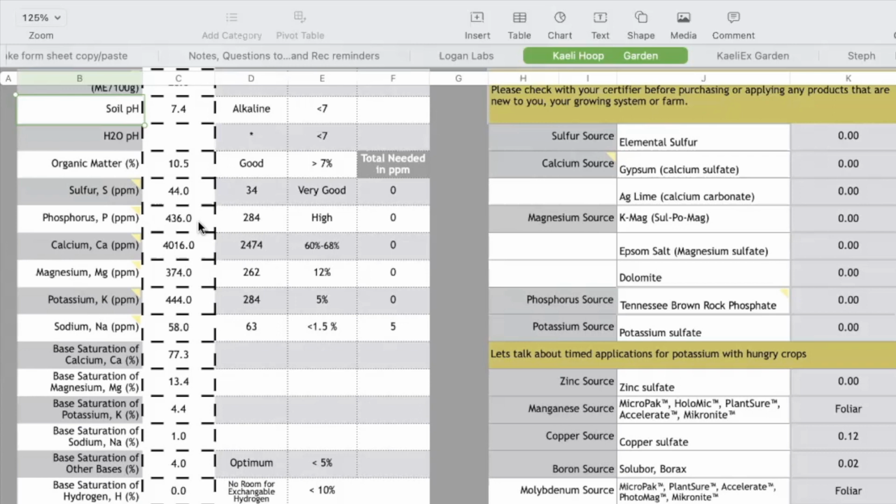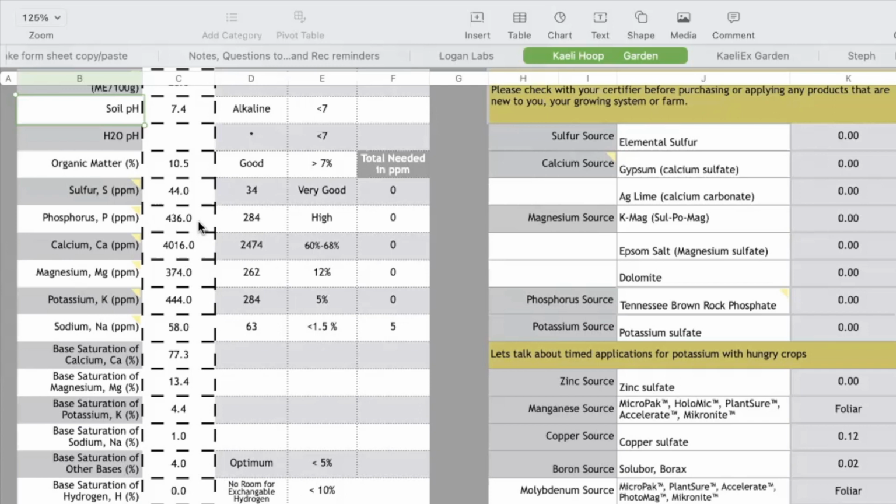Also our mulch materials, if we're using a lot of wood chips, or if we're applying phosphorus. There are so many different forms of phosphorus, or different amendments that contain phosphorus. Working with a rock-based phosphorus, like a soft rock phosphate or a Tennessee brown rock phosphate, those are great tools that do not inhibit mycorrhizal fungi colonization.